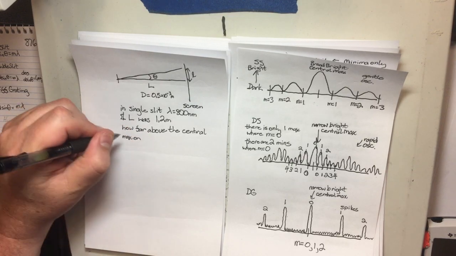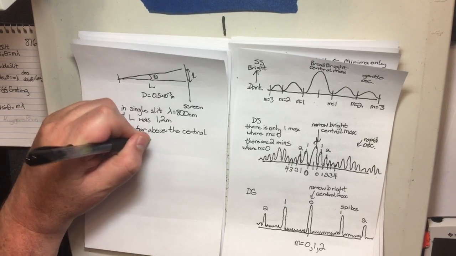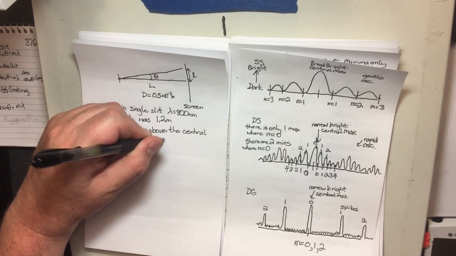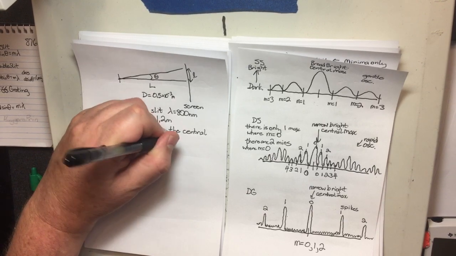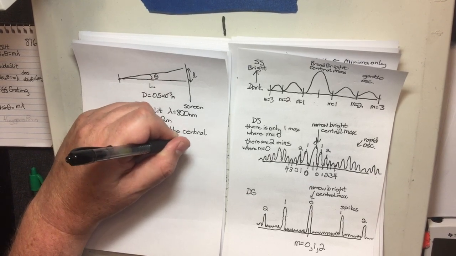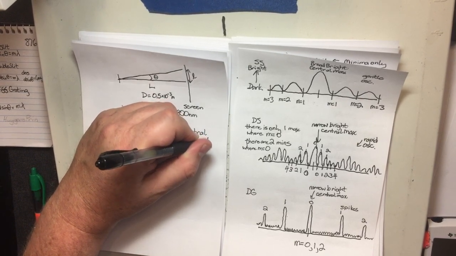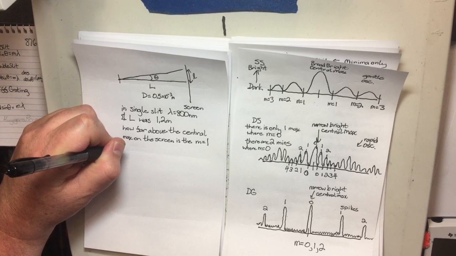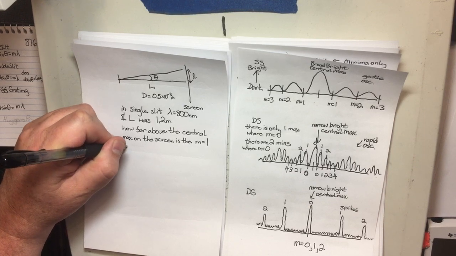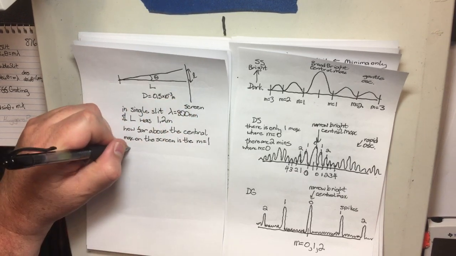How far above the central max on the screen is the M equals 1, actually, M equals 1 band.